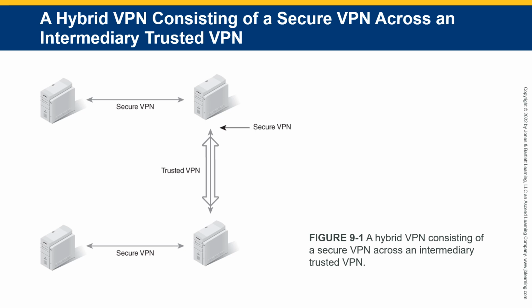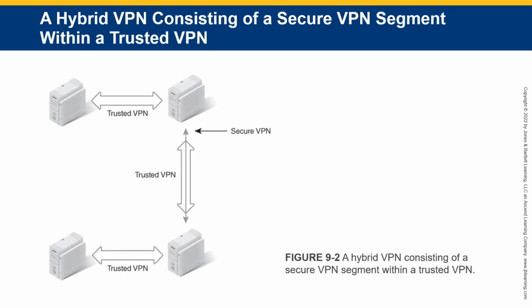You may have a secure VPN with a trusted VPN between two sites, maybe between two remote access servers here that establish some kind of an IPsec VPN or a Meet Me VPN or one of these other types of VPNs out there, where data is transferred between these remote locations on that trusted VPN that is vertical in the picture here to the secure LAN on the lower side of the picture and back up to the secure VPN on the upper side of the picture.